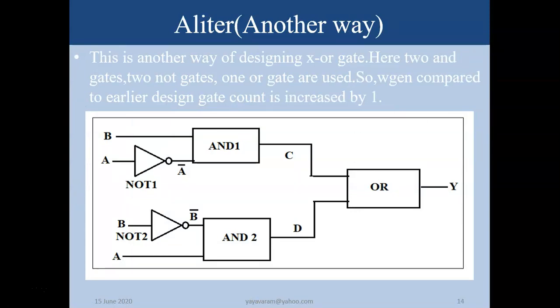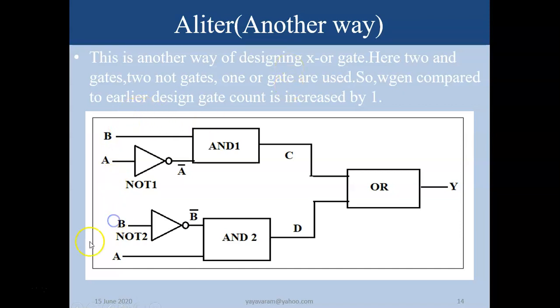Here I have chosen not 4 NAND gates like earlier, but 2 NOT gates at the input, 2 AND gates, and 1 OR gate. Total I have 5 logic gates. So this is another way of designing the same XOR gate.